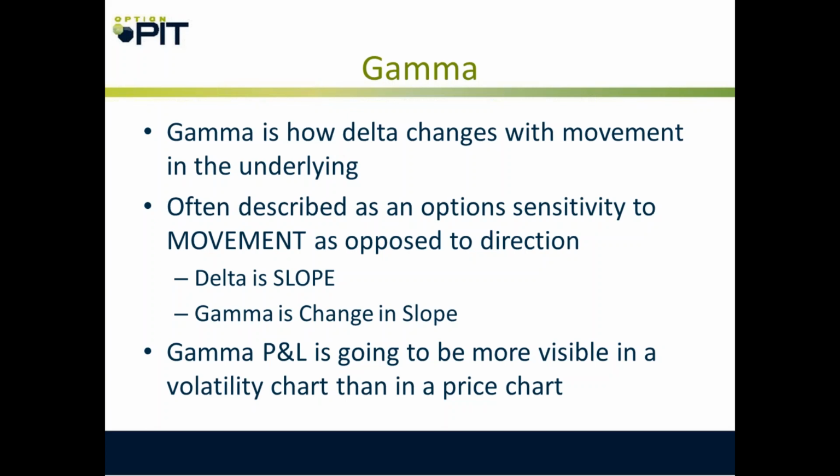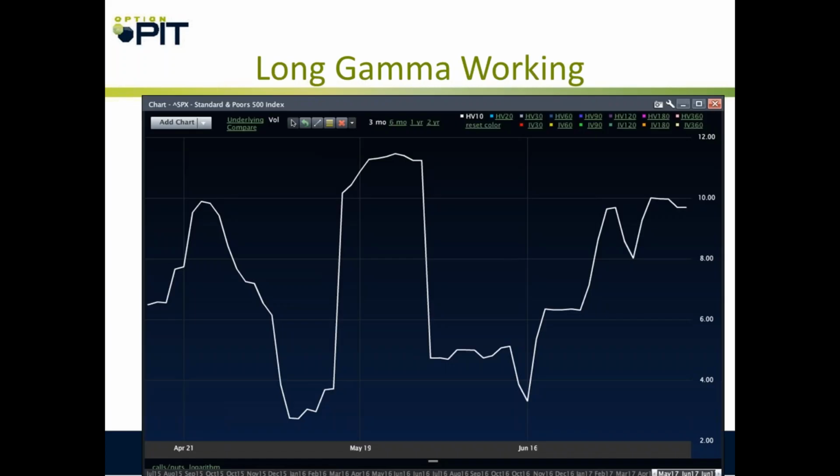All right. Gamma P&L is going to be more visible in a volatility chart than a price chart. So here's a case where if I bought premium on June 16th, you think I made money? Well, it depends what I did, but probably.